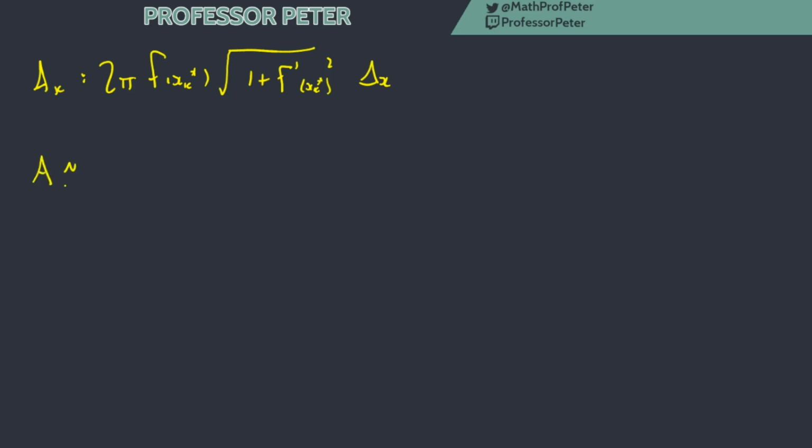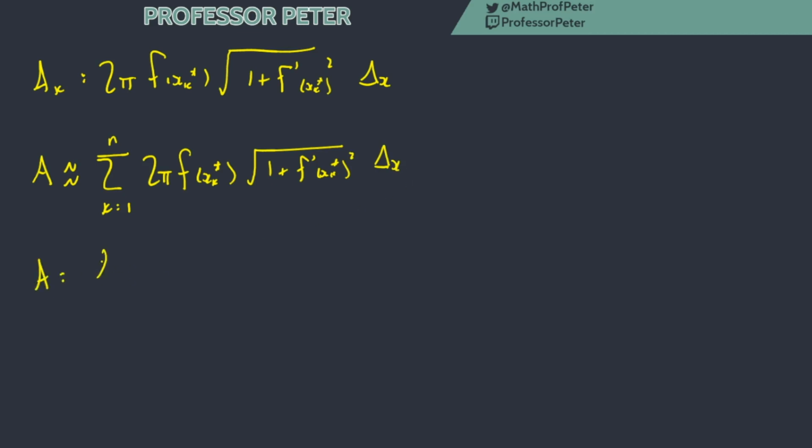We can say that our total area is a sum, or approximated by a sum, of n of these things. This is a long formula to write. And then we can apply a limit in the same manner that we did earlier. You could say delta goes to 0 for this sum.